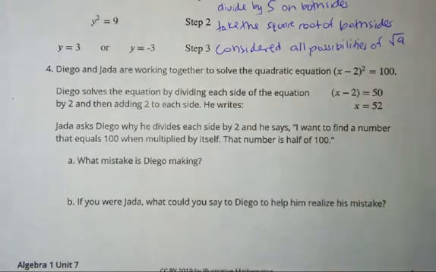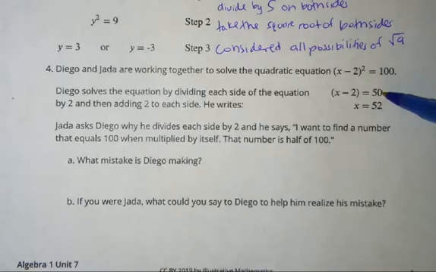So squared means that you take a number and you multiply it by itself. If you want a number that multiplied by itself gives 100, and he's saying that number would be 50, well, 50 times 50 is not 100. 50 times 50 is 2,500.